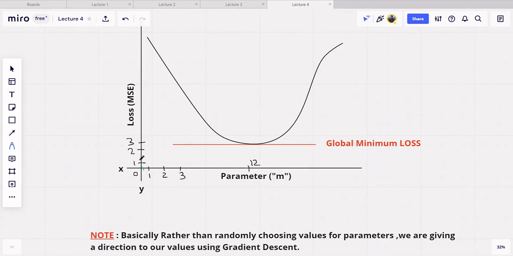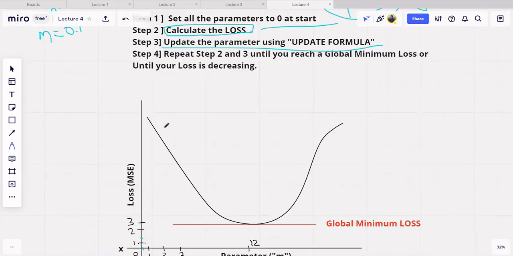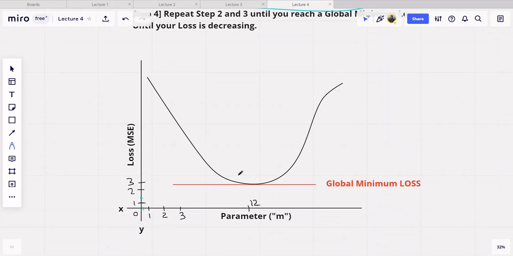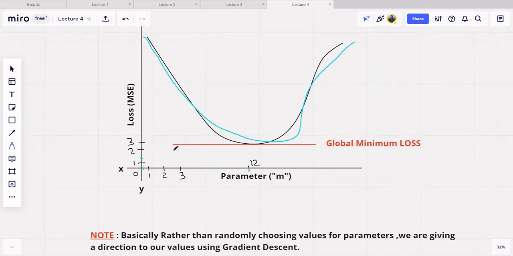If we create a plot of these values, we'll get something like a cup. What we want to do is find the parameter value, which is m in our case right now, for which the loss function is minimal.